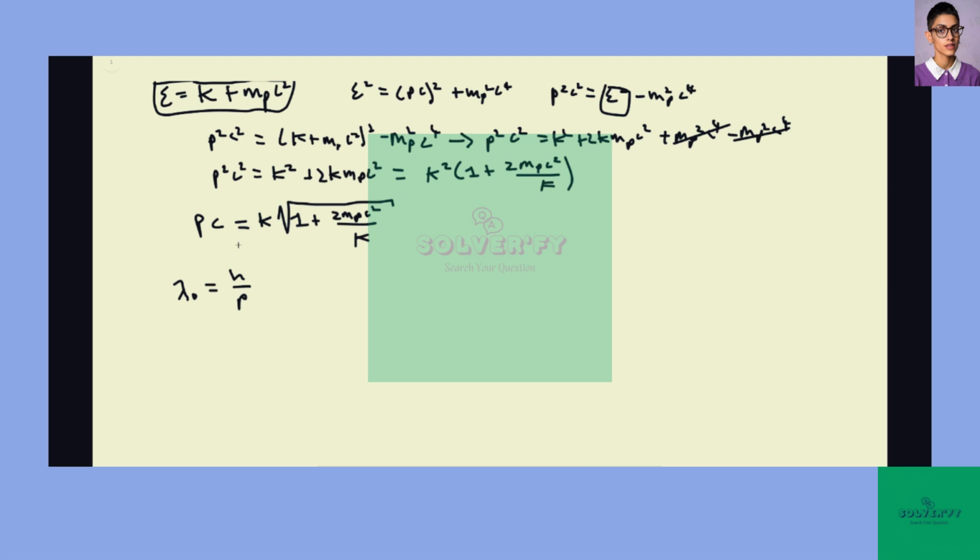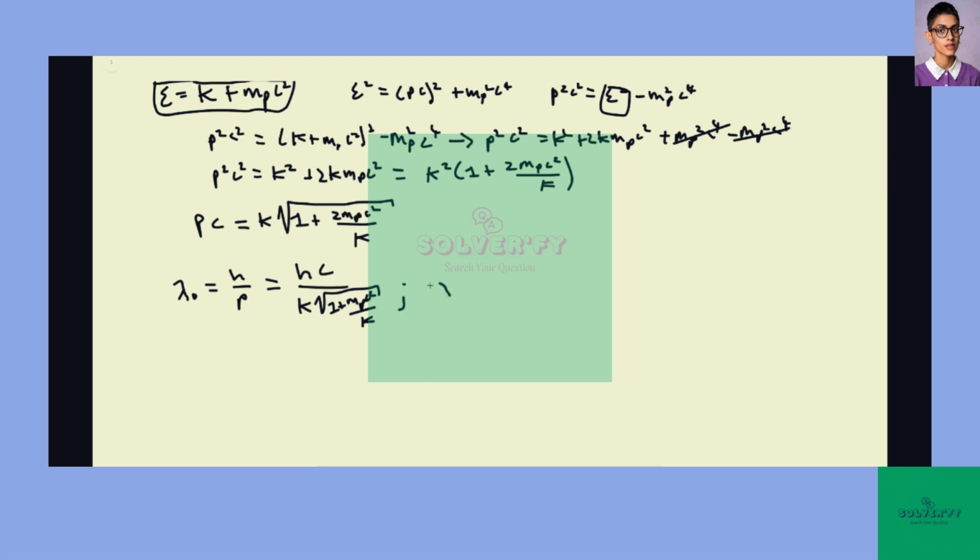If we divide both sides by c and plug in the momentum, we end up with the wavelength equal to hc over k times the square root of 1 plus the mass of the proton c squared over k.